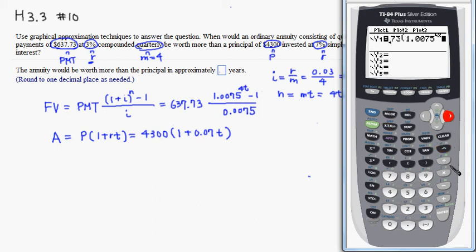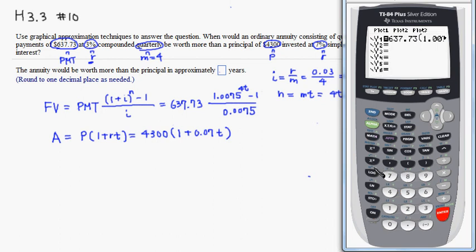Then minus 1, then right parenthesis, then divide the whole thing by 0.0075. So that's the first function.